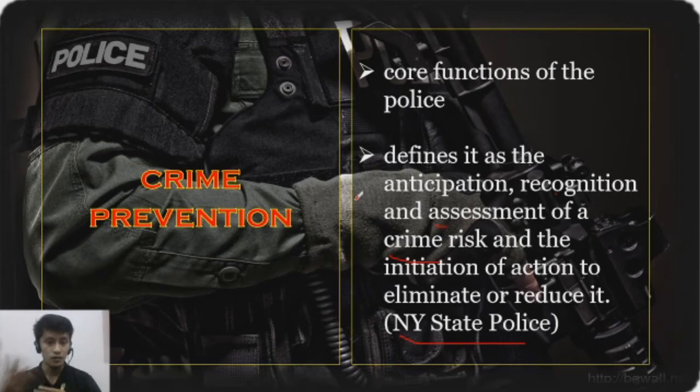With patrol, you can anticipate or recognize, and at the same time assess what is going on in the area, and in the end you will be able to initiate an action plan to eliminate or reduce the crime. That is the basic definition we could adopt in defining crime prevention, the definition of the New York State Police.